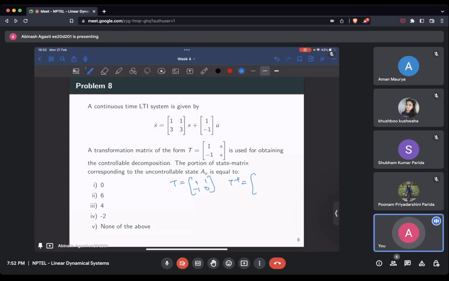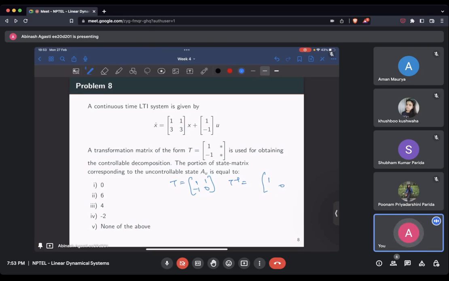So what's T inverse? So 1 1 1 1 0. No sir, I don't think so. Minus 1 in the right hand side upper. No, this does not form the inverse, right? So determinant is 1.